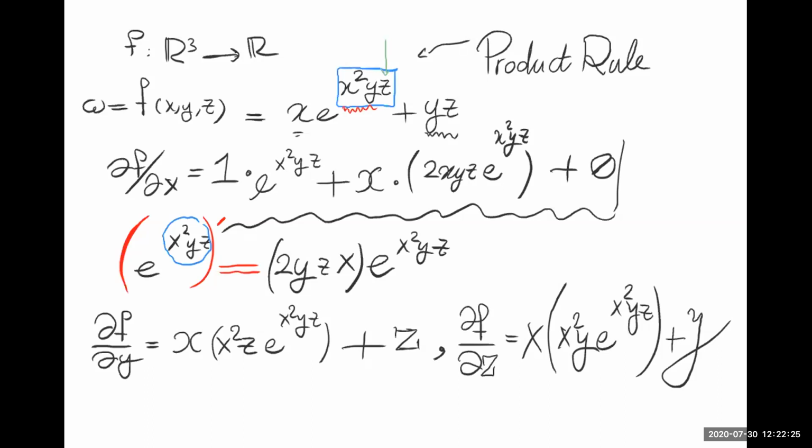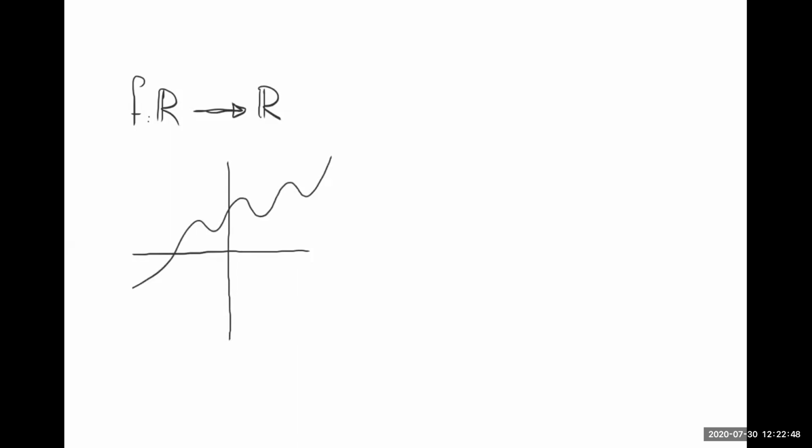Okay, we can use this to compute, well, maybe I should go one step back. When we had functions from R to R, something like this, single valued functions, the derivative of f with respect to x, which is f prime of x, we can compute that, but it also has a geometric meaning.